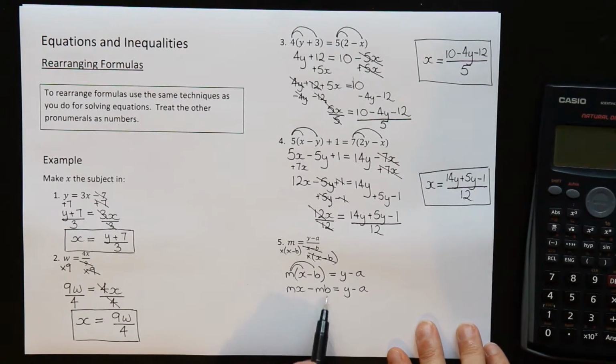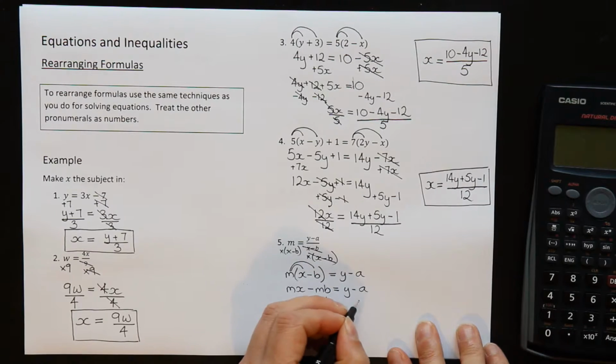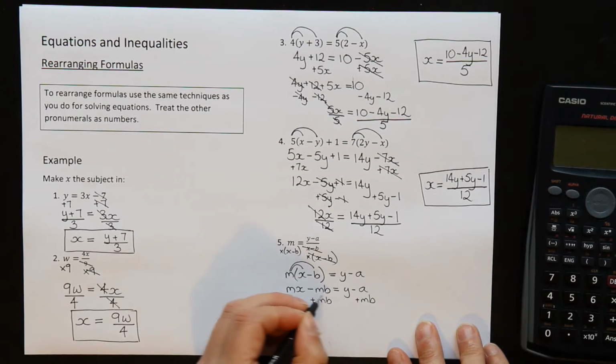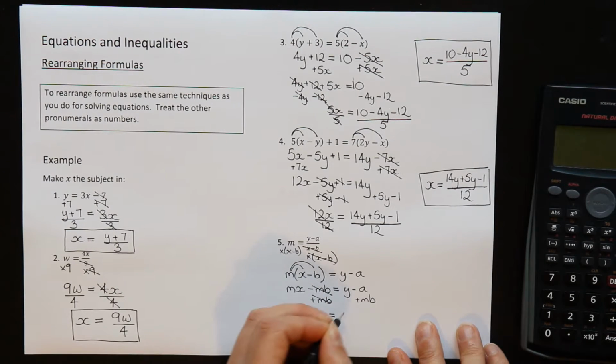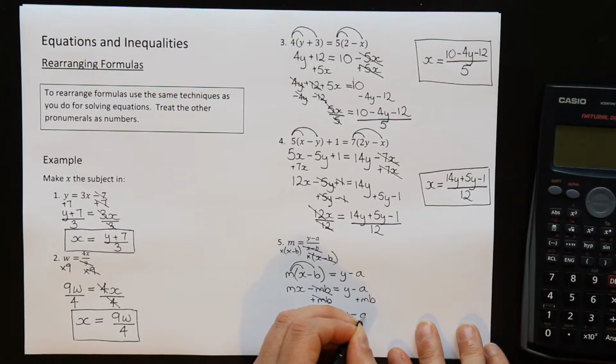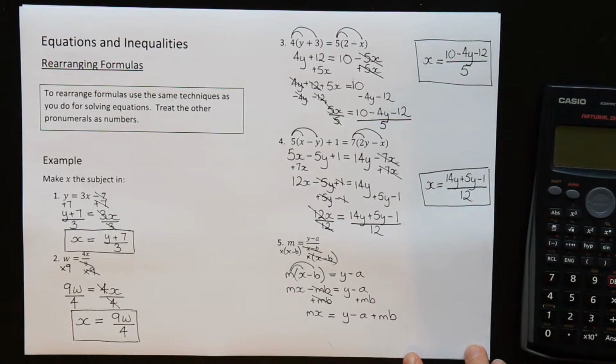Now I've got all these things here with my x. So first of all, let's move this term. I would need to add mb. That's gone. So mx is equal to y minus a, and it can't actually be added to either of those things, so it sits at the end, plus mb.